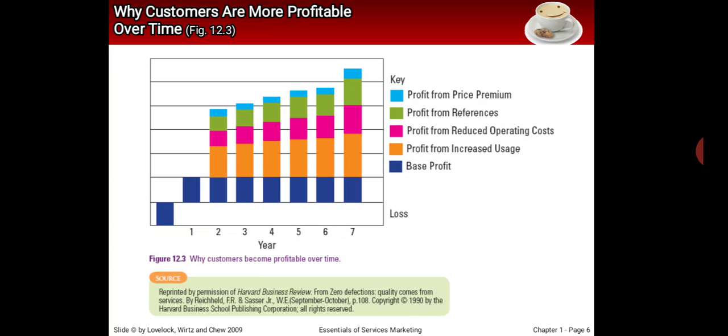Profit from reducing operating cost is denoted by pink shade. Profit from referral is given by green shade, and profit from price premium is given by sky blue shade, right? So it suggests how a loyal customer is profitable over a period of time.